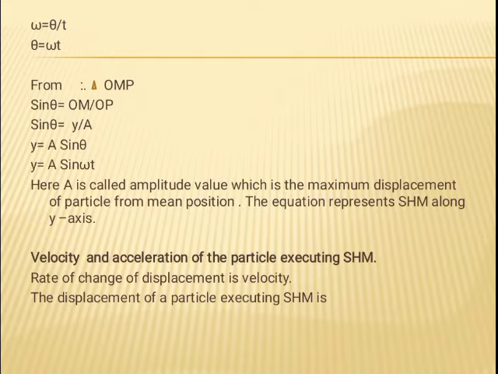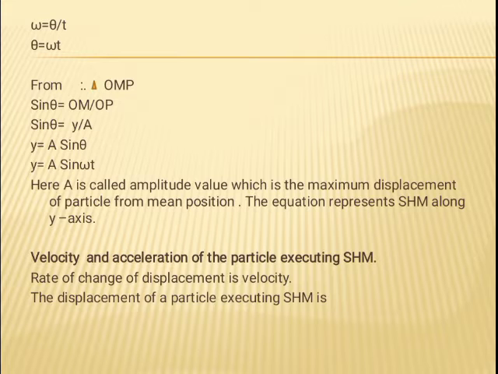Now, I had told you in the last class that I'll be deriving the velocity and acceleration of a particle during simple harmonic motion. We are going to derive it. If I consider a pendulum, it is moving to and fro.